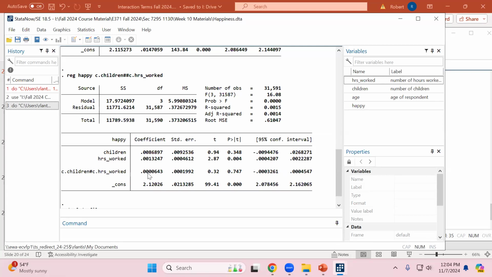Well, here, 0.006 divided by 0.00006. We don't really care exactly what that is because it's going to be some negative value. Both of these were positive, so the turning point here has to be somewhere down in negative values. Right? Well, we can't ever see hours worked be negative, right?